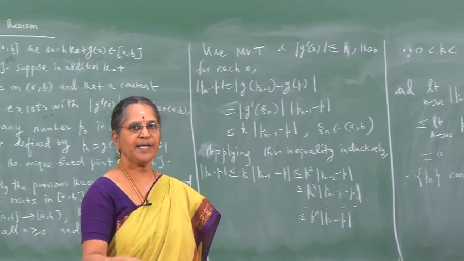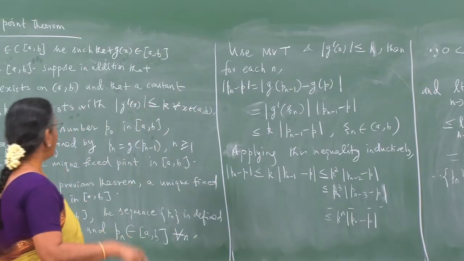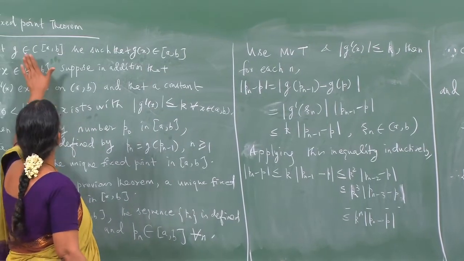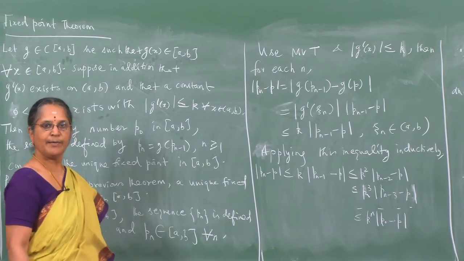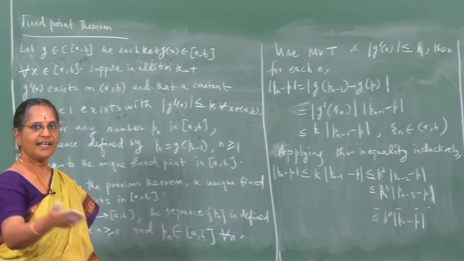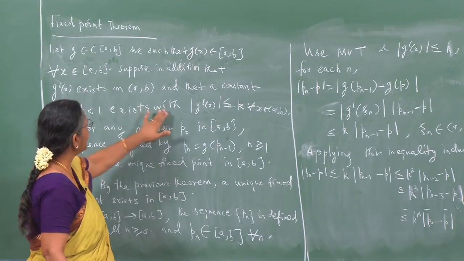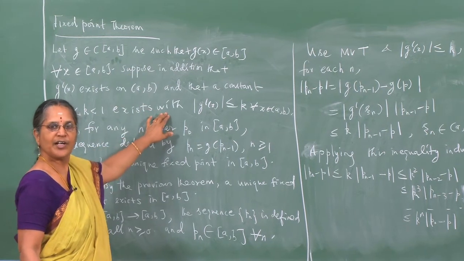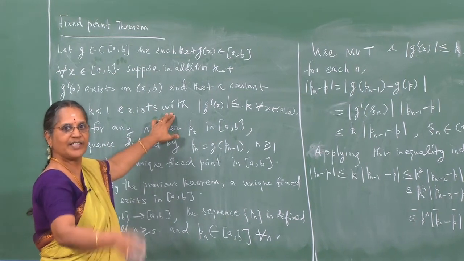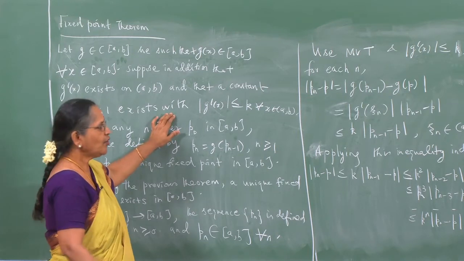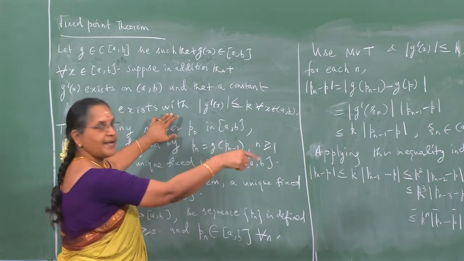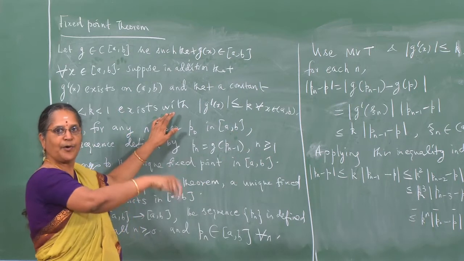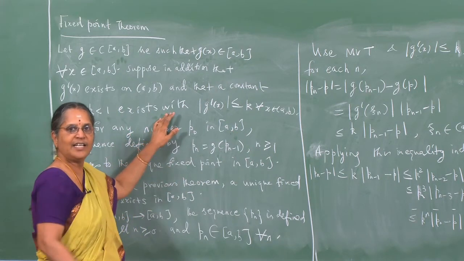And what is this P? P is the unique fixed point for the function g which lies in the interval [a, b]. How is it guaranteed? The conditions which are given here are nothing but the sufficient conditions for existence and uniqueness of a fixed point for the function g. So, Pn converges to P, and this P is the unique fixed point for the function g in the interval [a, b].